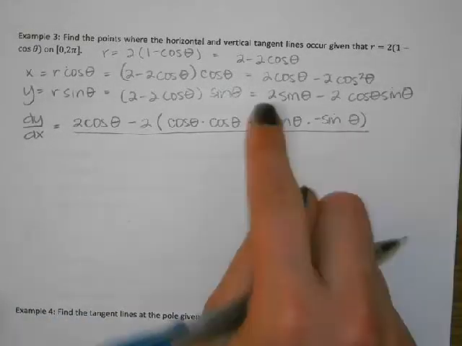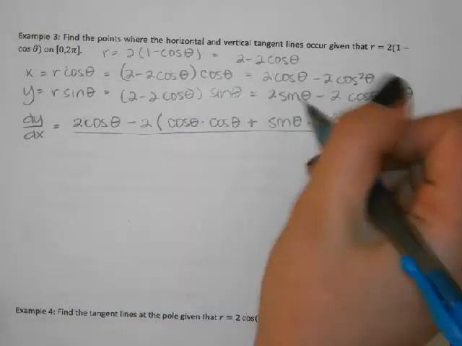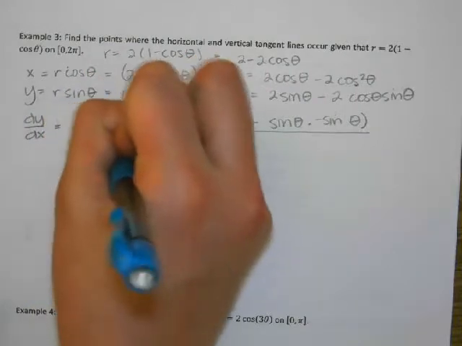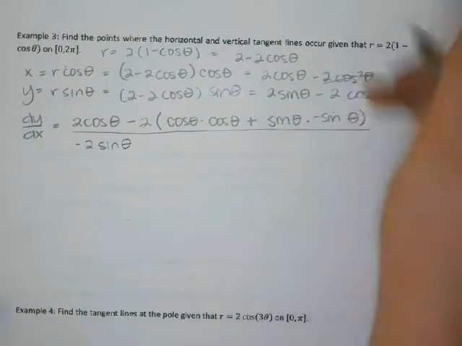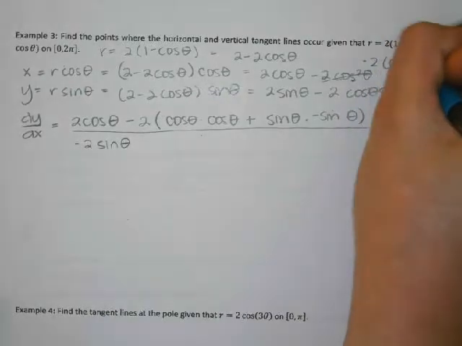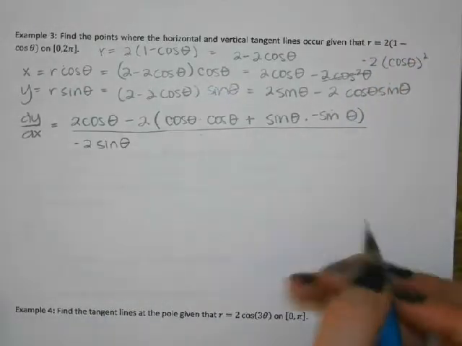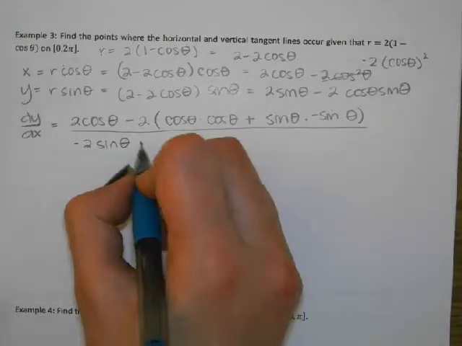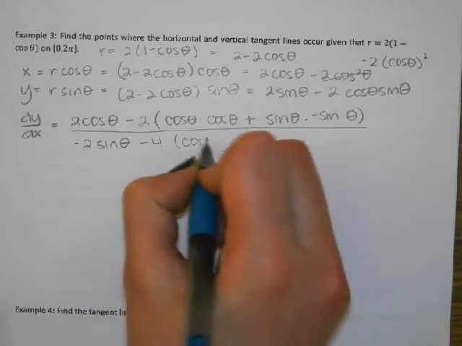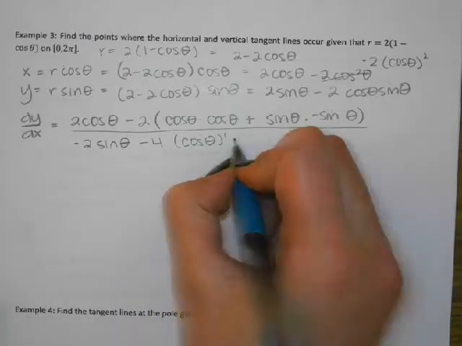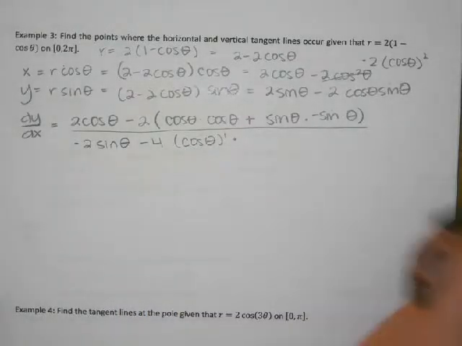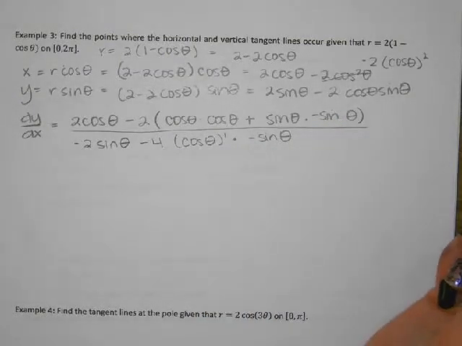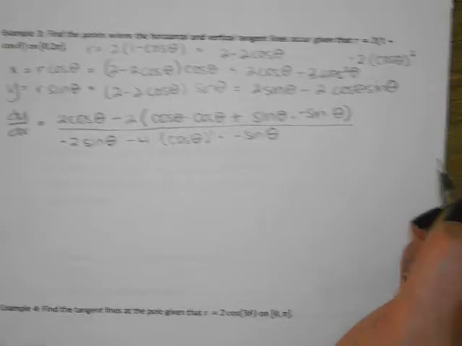All right. Derivative of x is negative 2 sine theta. And then up here, I'm going to think of this as negative 2 times cos theta squared. So the first times the derivative of the inside, minus, because the chain rule is already 2 parts.